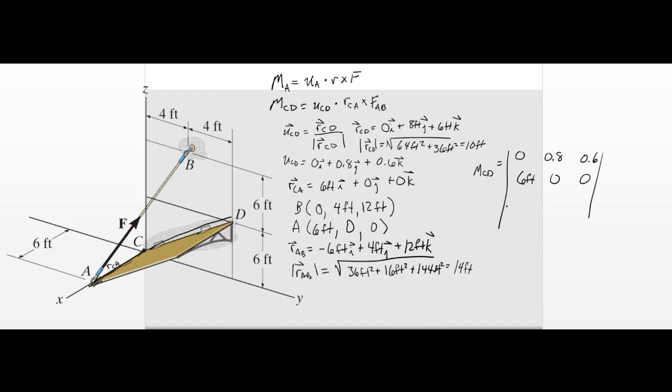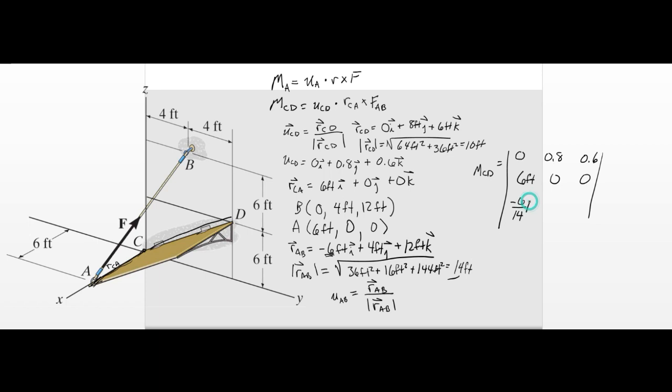The last thing that we're going to have is the unit vector for the force from A to B times the force. The components of the force would be minus 6 divided by 14, again, because your unit vector AB is equal to RAB divided by the magnitude of RAB.